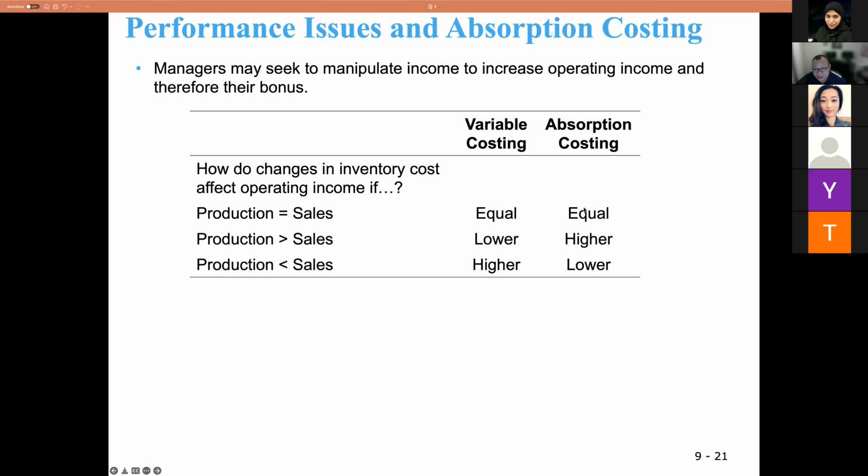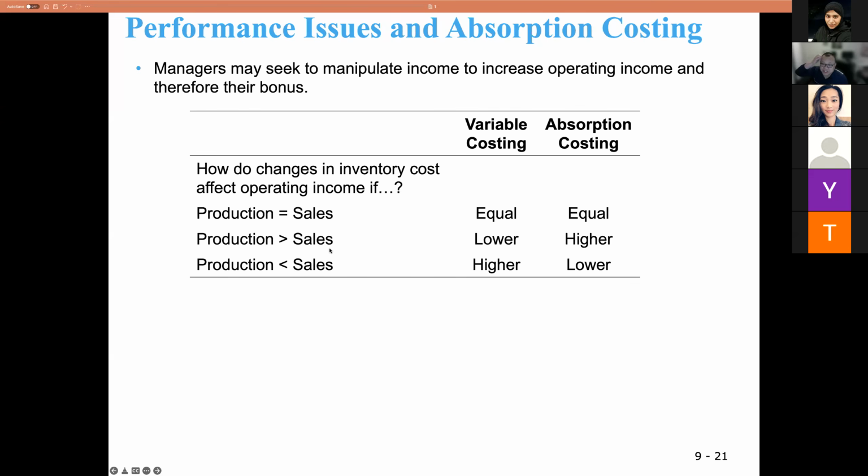Absorption costing. If I want the operating income to be higher, which method should I go with? The middle one, right? How can I make it higher? Production more than sales.